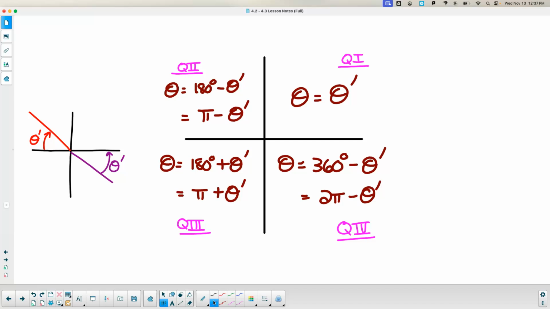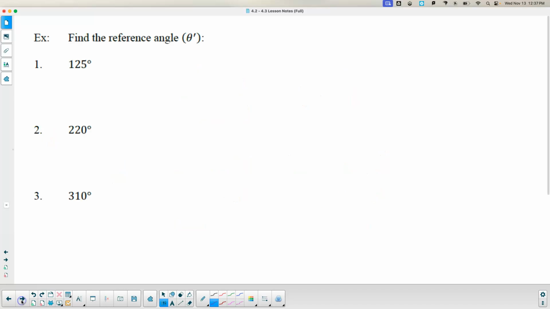With that being said, what I would like you to do now is find me the reference angles for those 3 angles. 125 degrees is up here.